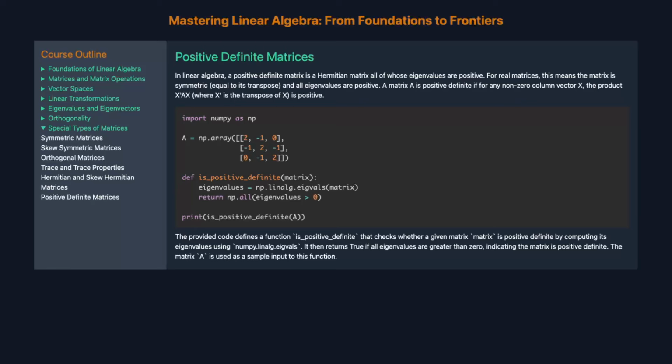The provided code defines a function is_positive_definite that checks whether a given matrix is positive definite by computing its eigenvalues using numpy.linalg.eigvals. It then returns true if all eigenvalues are greater than 0, indicating the matrix is positive definite. The matrix A is used as a sample input to this function.